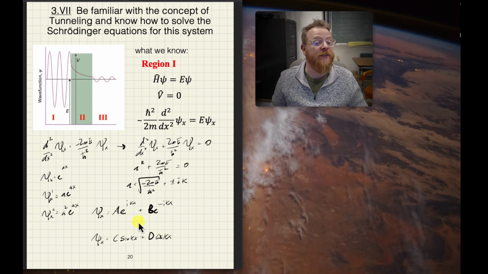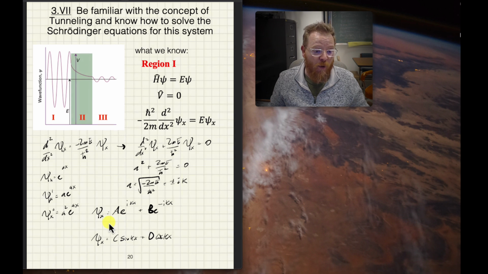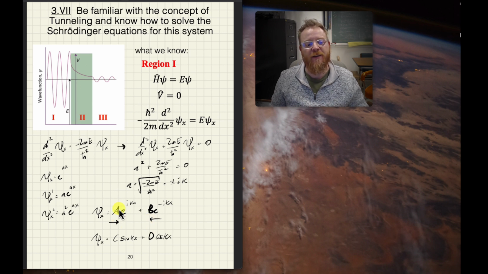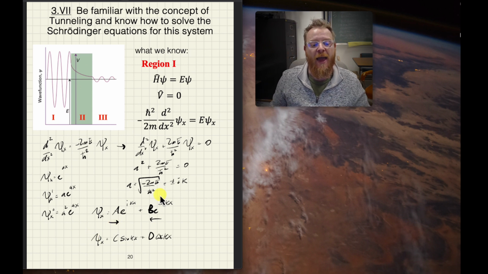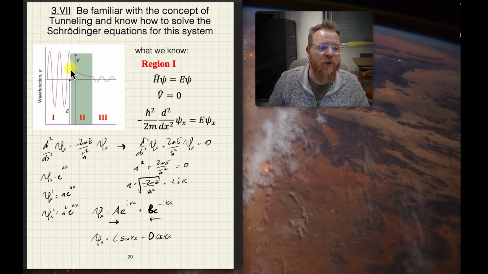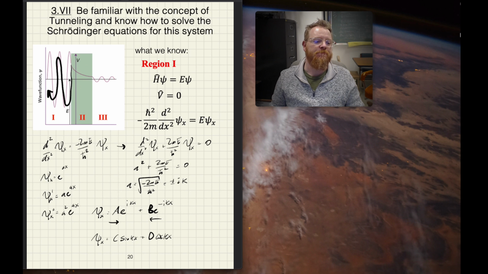And recall from our discussion with this solution, our A term here are particles moving from left to right, and our B term here is particles moving from right to left. So we can think of this A e^(ikx) as the wave function describing right moving particles, and this B e^(negative ikx) would describe our reflected wave. So the wave that reflects off of the boundary, right? That looks something like that, okay?